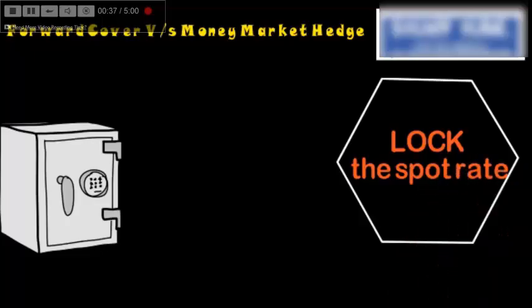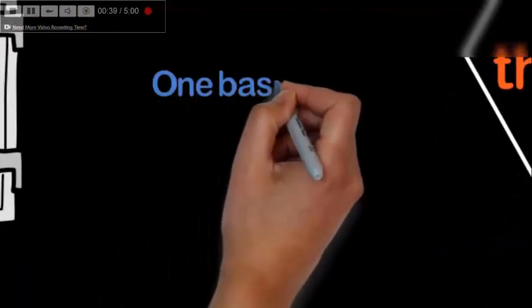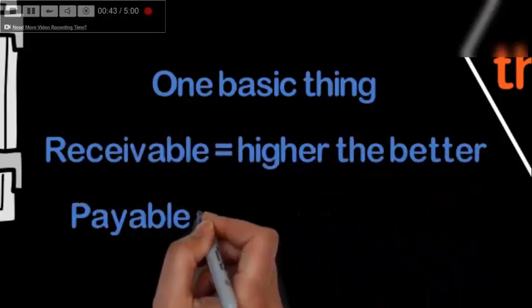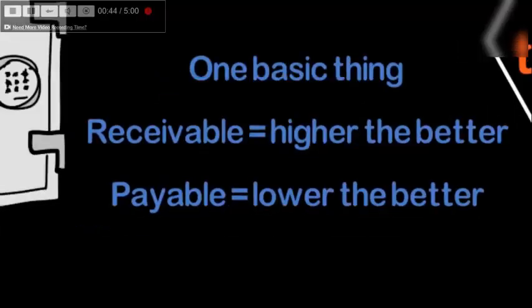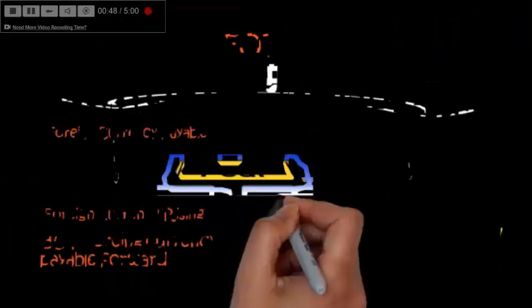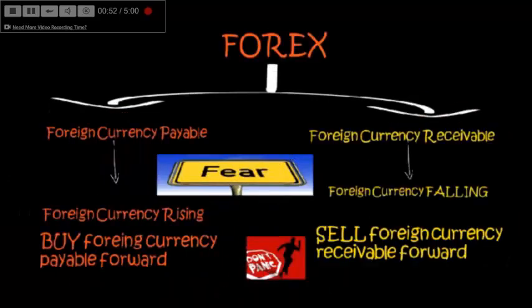Now, one basic thing we all know is that whenever we have receivable, then higher the better, and whenever there is payable, then lower the better. In our earlier videos, we have discussed the role of forward cover or forward contract in the foreign exchange market.